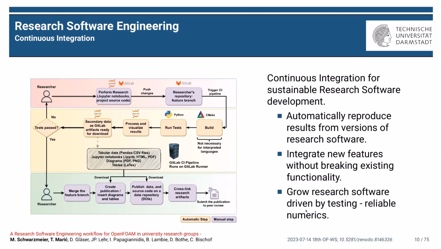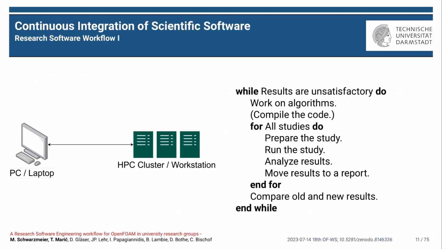We will now go a little bit into those parts of this workflow that we haven't touched yet. So without CI, what we would do is looking like this. We have results that are not satisfactory to us.